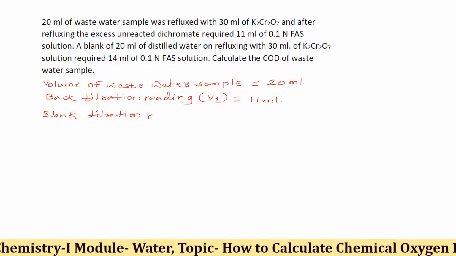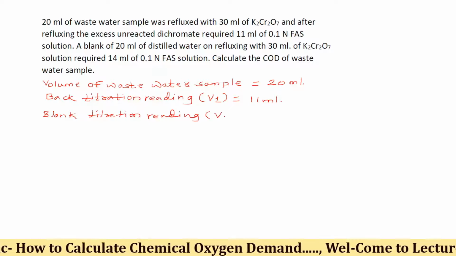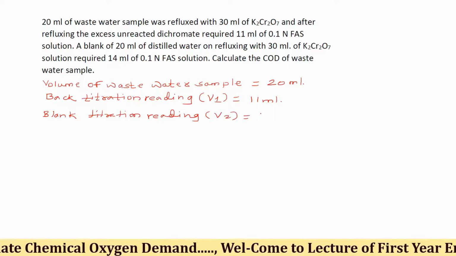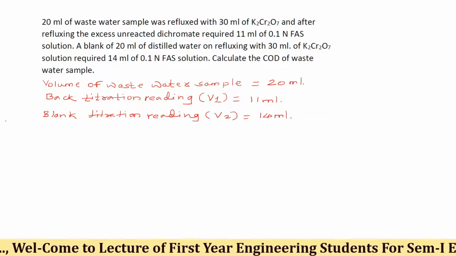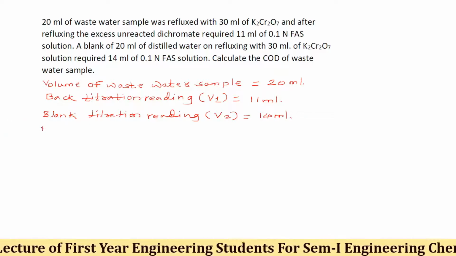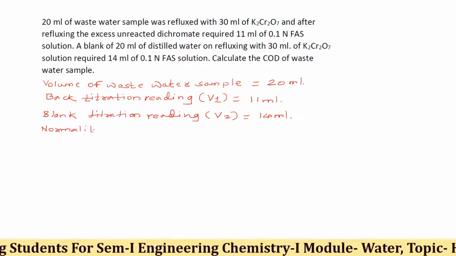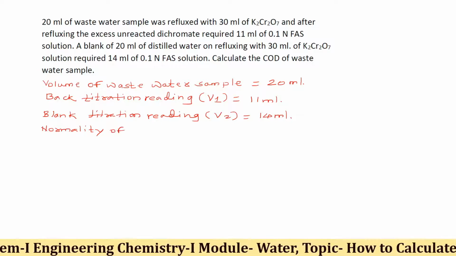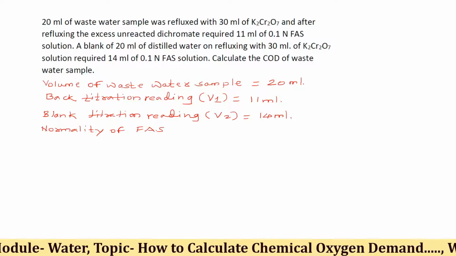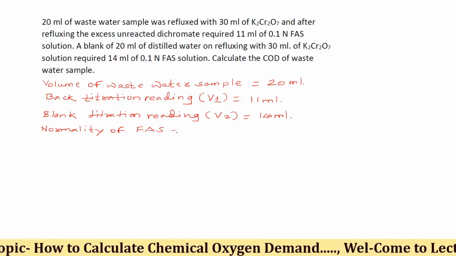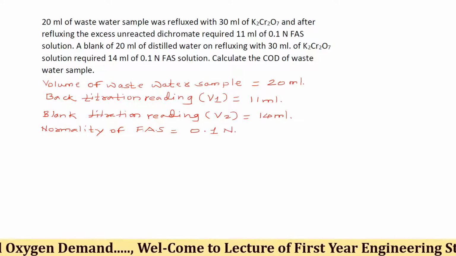Blank titration reading is V2 ml, that is 14 ml. And the normality of ferrous ammonium sulfate solution is given, it is 0.1 normal.